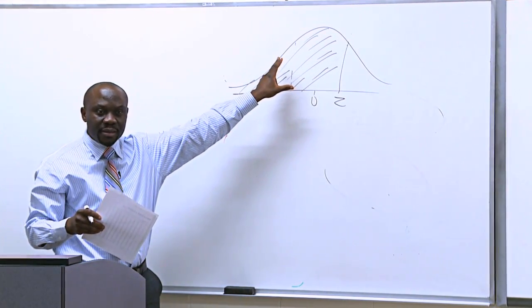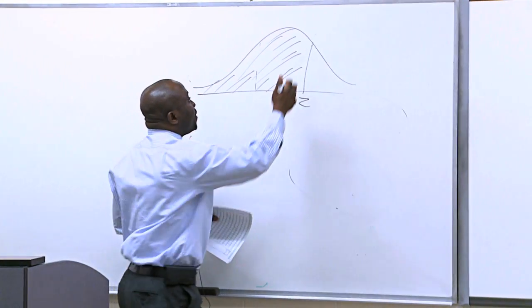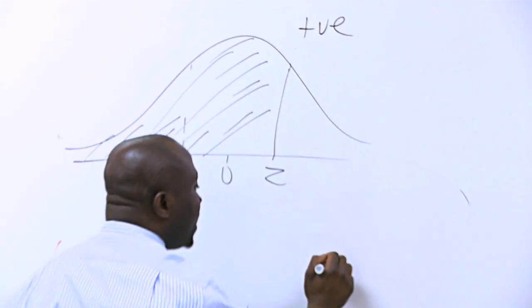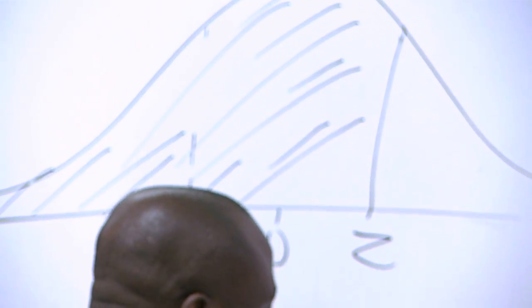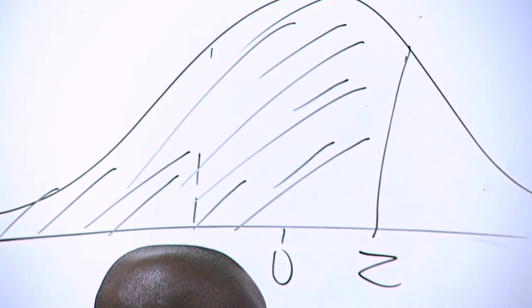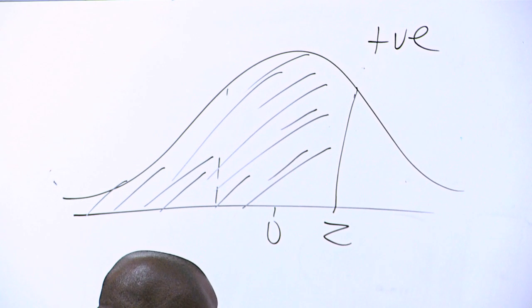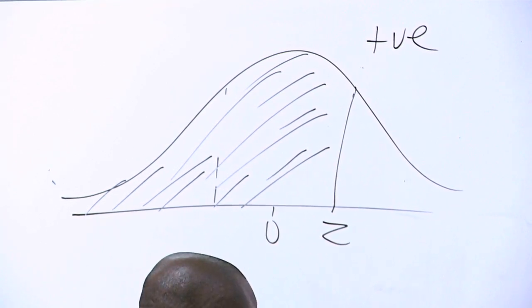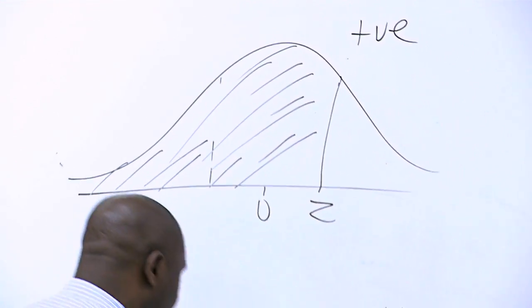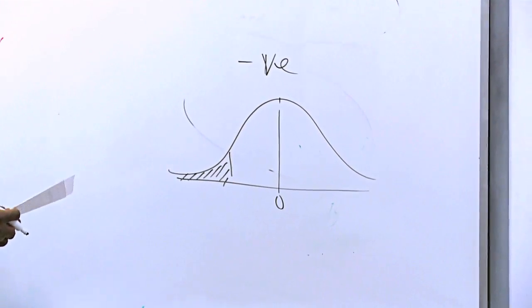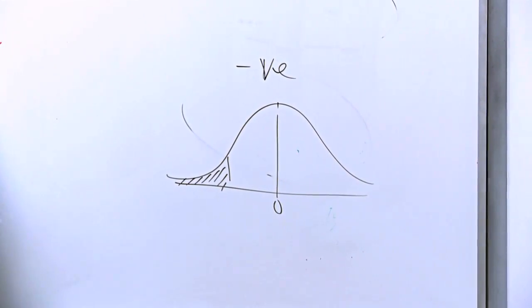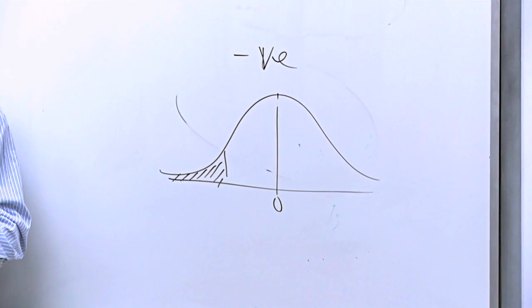Does that make sense? This is for the positive. And then on the negative table, that is shaded too. Do you have that shaded?